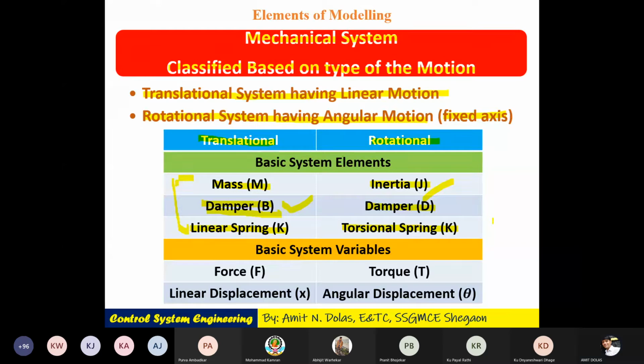And can anybody tell me what a torsional spring is? Where is it found? Yes, quickly. I'll wait for half a minute. Where is a torsional spring found? Give me an example.